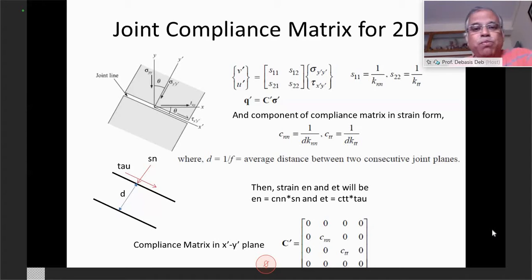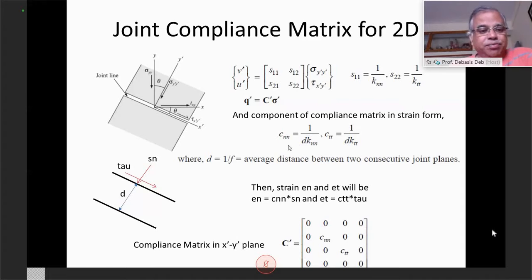So we have to somehow make these values into a Pascal form or 1 by Pascal form. In that sense we have to bring it, otherwise we cannot add the compliance. Okay. Now how do we get this? It's a very simple way we can get it in the strain form. That's why I've written it just in the strain form.